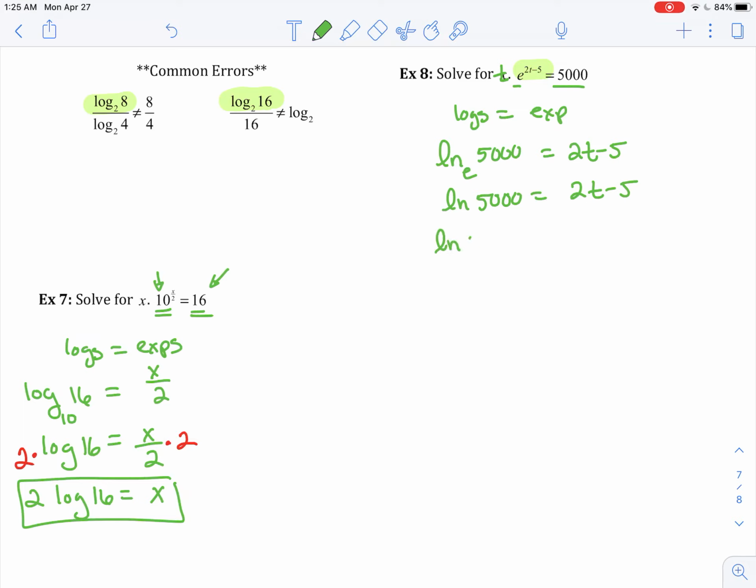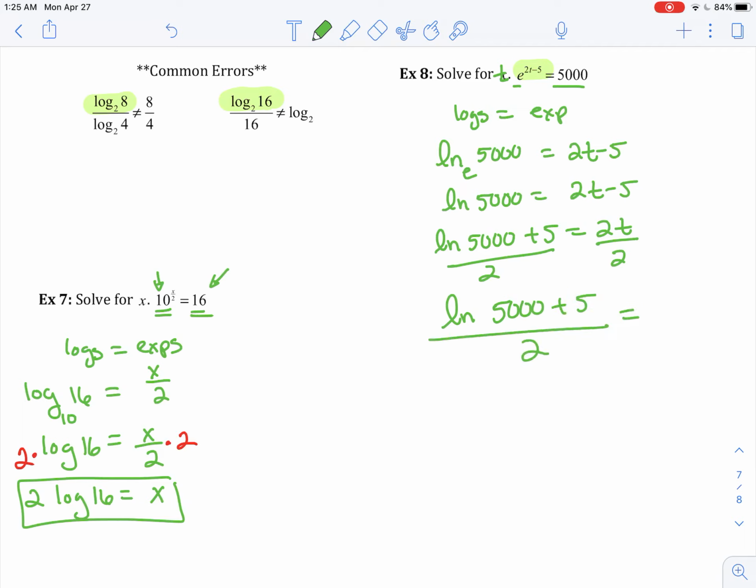We just want to isolate our t, so I'm going to add 5 to the left and then divide out our 2. So the natural log of 5,000 plus 5, divided by 2, is equal to our t.